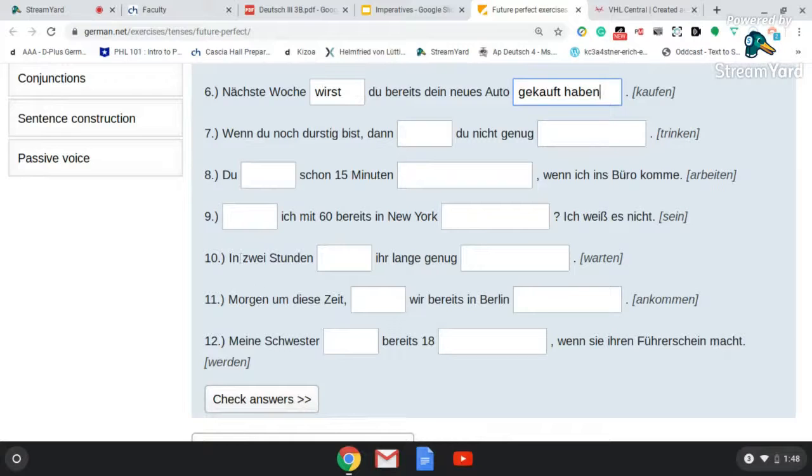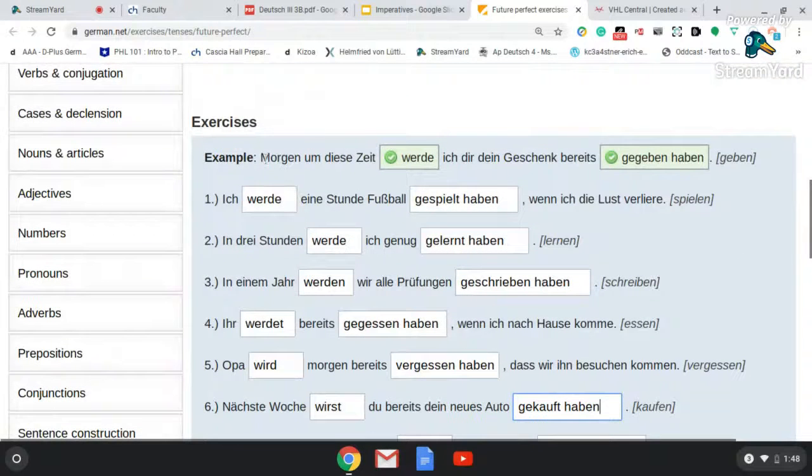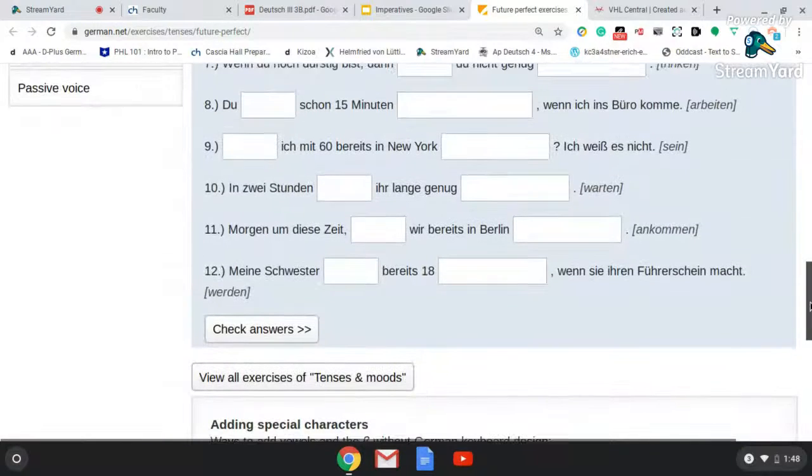here's one that's a sein verb, number 11, Nummer 11. Morgen diese Zeit. That sounds an awful lot like the example. Morgen diese Zeit. So that means that the verb werden is going to come in a different position. Morgen diese Zeit werden wir bereits in Berlin, and the past participle of ankommen is an plus ge plus the rest, angekommen, and it's a sein verb, so it's not going to have haben at the end, but sein.